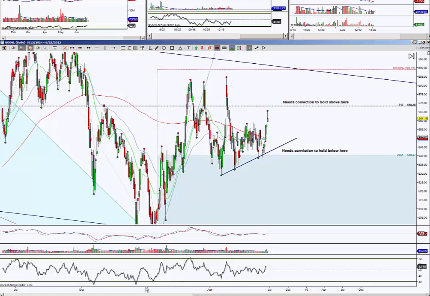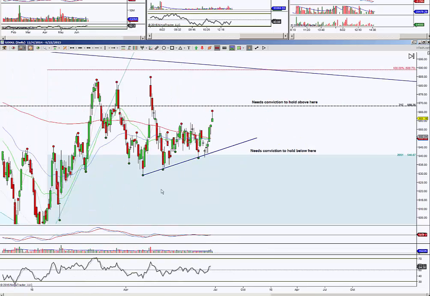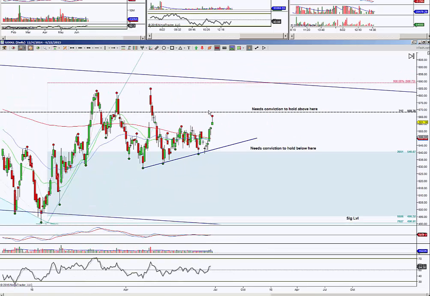So what we're looking for is either price to be able to push above this 568.35 level with conviction. At this point, the moving averages, whatever it is you use to determine conviction, the moving averages are flat. So there's no commitment either way at this where price is right now.